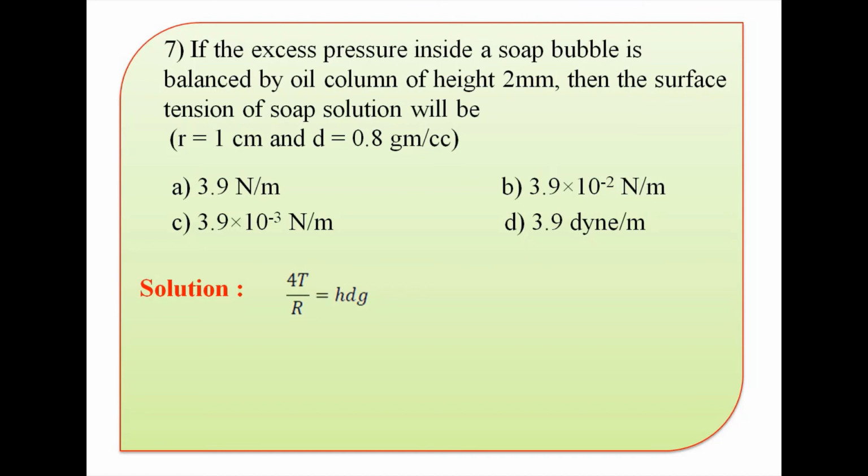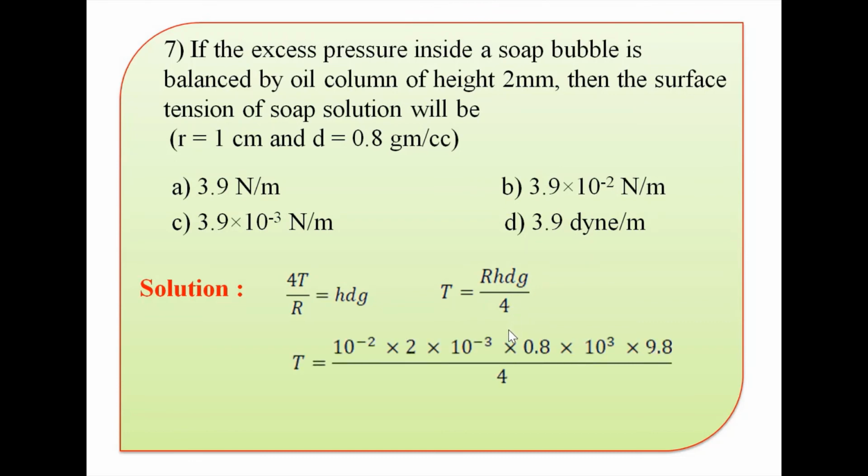Here, for the soap bubble, we write the formula 4T divided by R equals the pressure in terms of height, density and acceleration due to gravity, that means h d g. Taking out the surface tension term, we get T equals R h d g divided by 4.